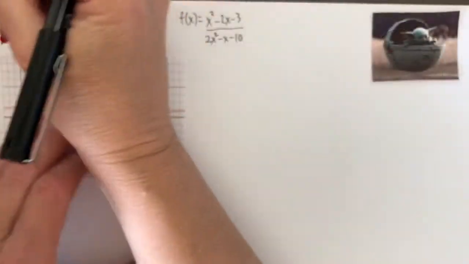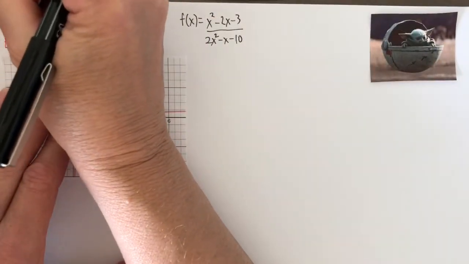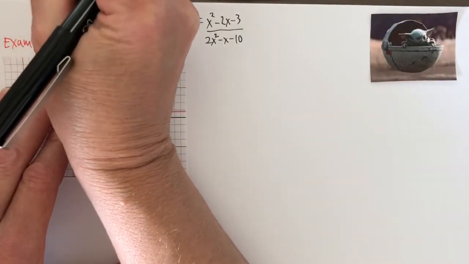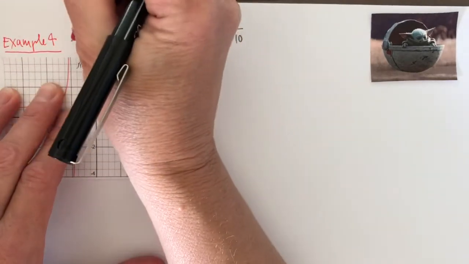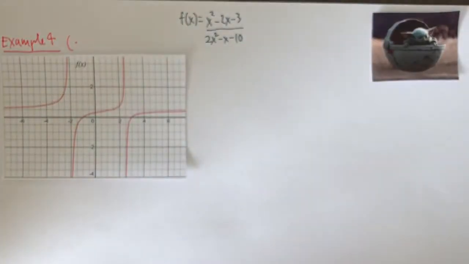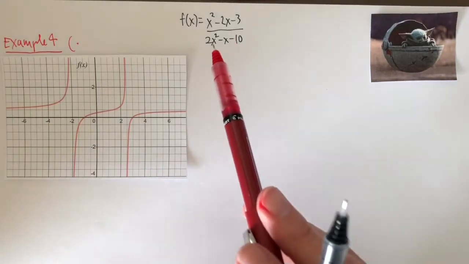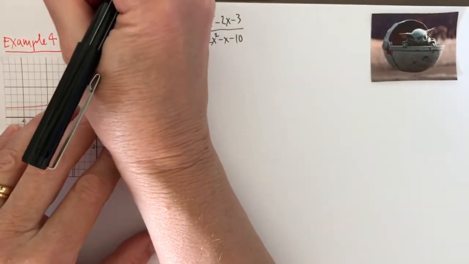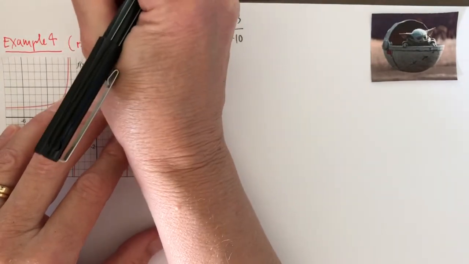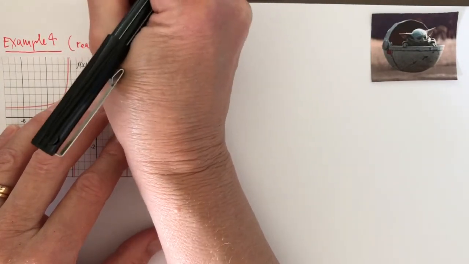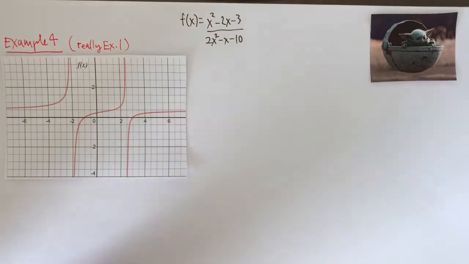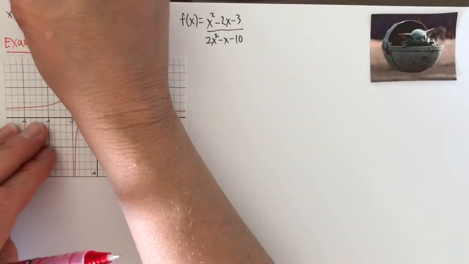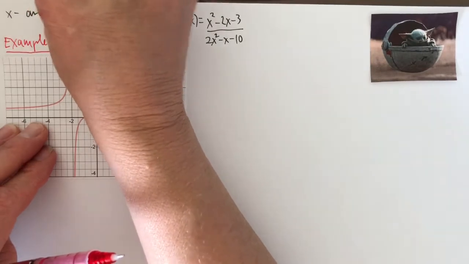Now we'll talk about example 4, which is really just our old example 1. It's this function. We've seen this picture before. But this time we want to talk about something we haven't talked about yet, x and y intercepts.